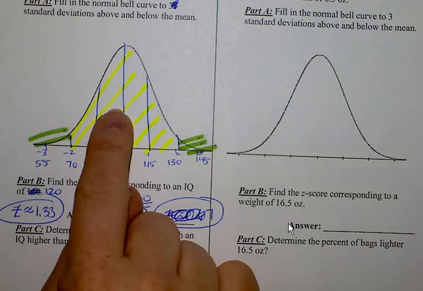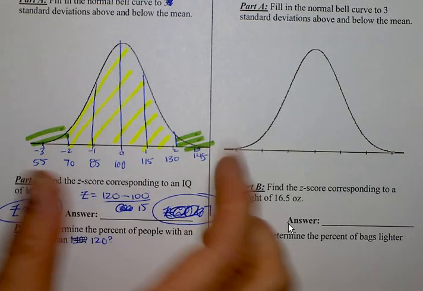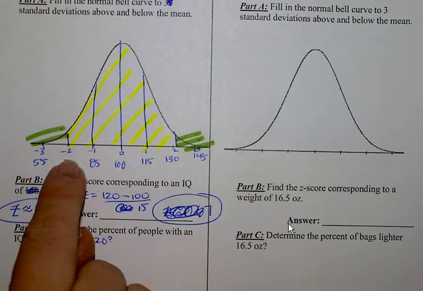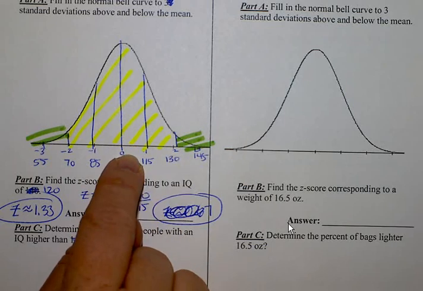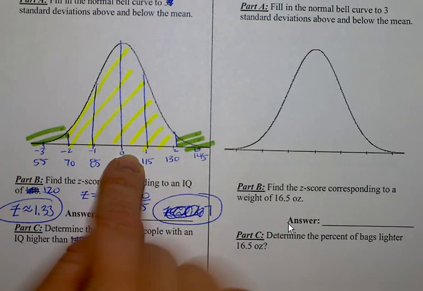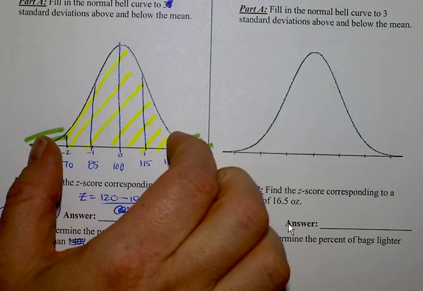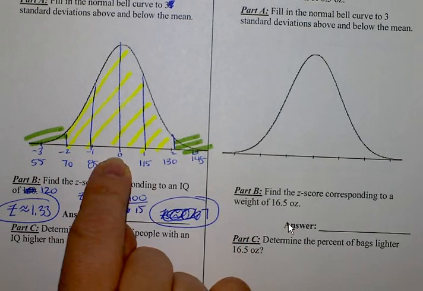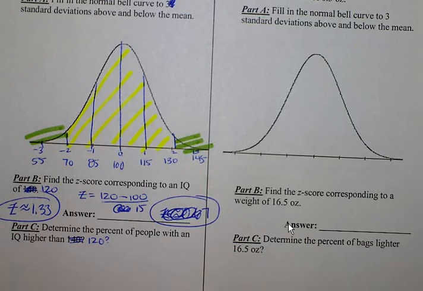If your answer is statistically insignificant, it's because it falls in the middle 95th percentile, and it's between -2 and +2 z-scores from the mean. If your answer would be statistically significant, it falls outside of the middle 95th percentile, and it's above 2 z-scores from the mean, or it's below -2 z-scores from the mean. That would be your explanation.